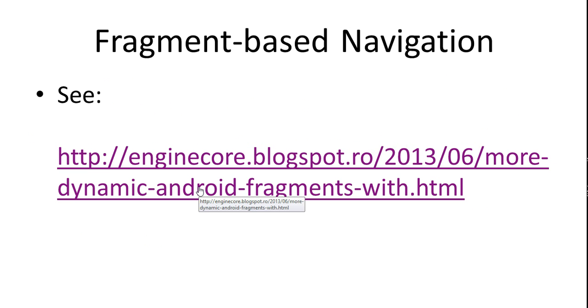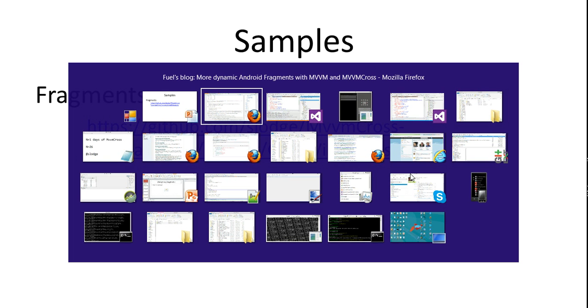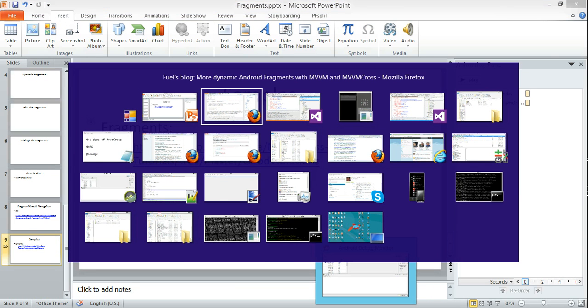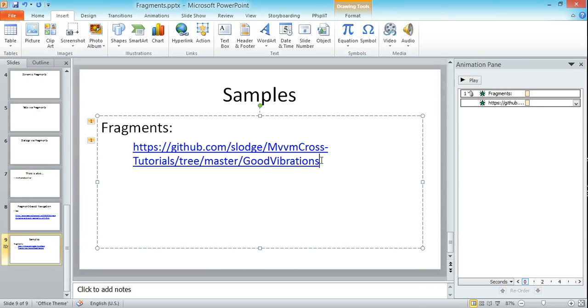And then the other sample that you've seen in the background there, oops, that's not the sample at all. It's nothing to do with good vibrations. The other sample that you need, so I'm going to edit this PowerPoint slide live now, is the Fragments sample. Where's PowerPoint? It's nothing to do with that, it's the Fragments.